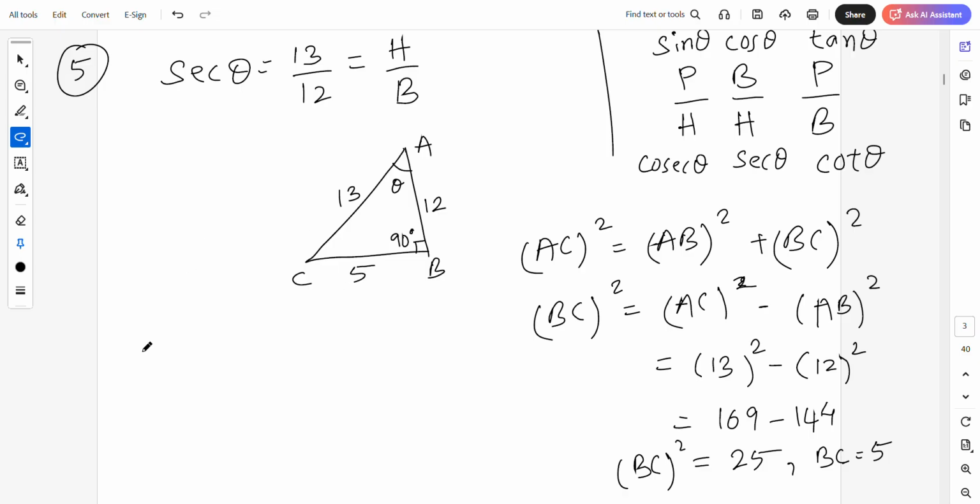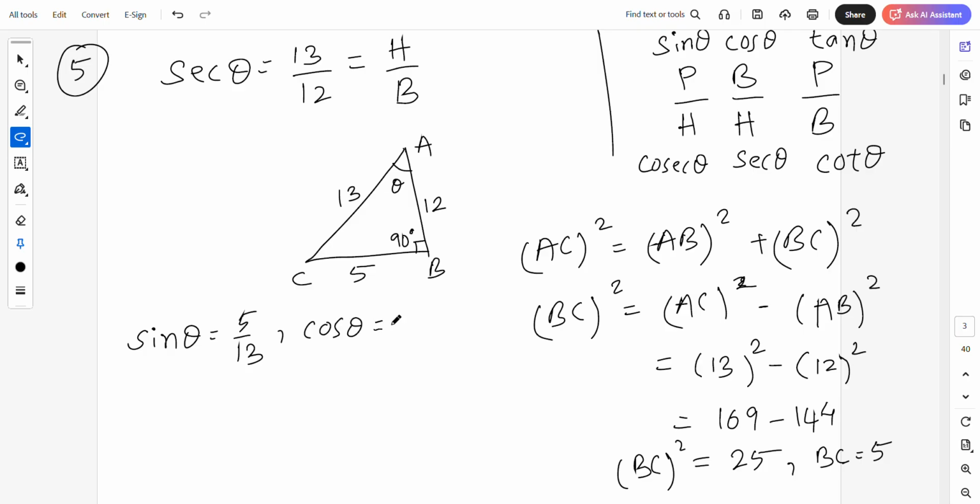Now you can write all other trigonometric ratios. What is sin theta? Sin theta is perpendicular by hypotenuse, that is 5 by 13. What is cos theta?